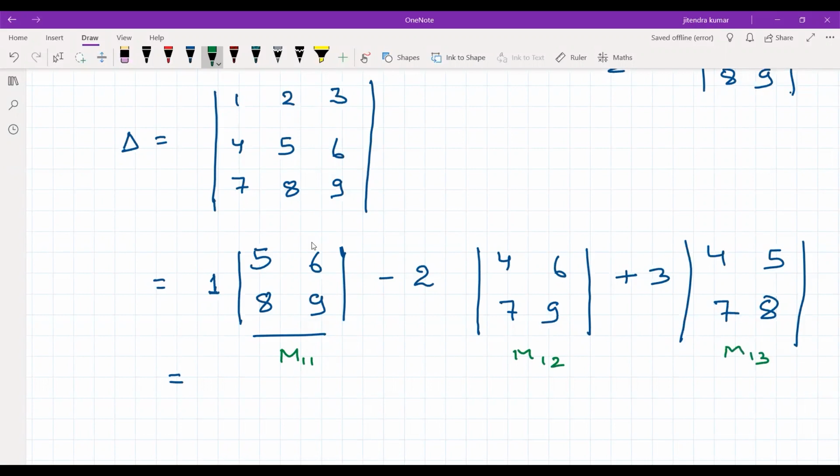If we talk about the elements, let's write them as A. So this is A11, this is A12, and this is A13.